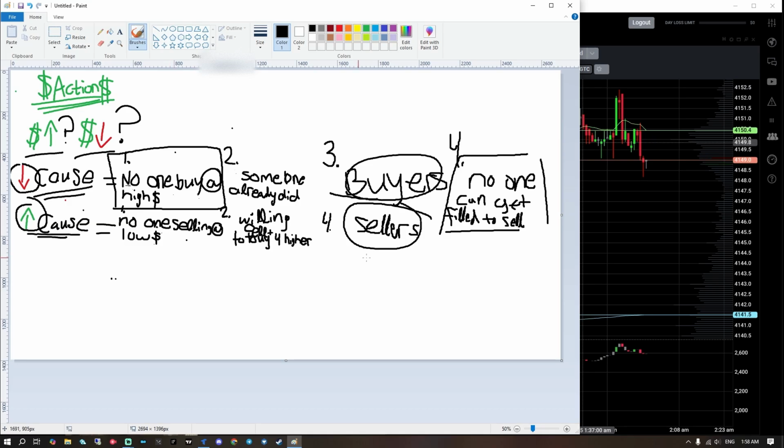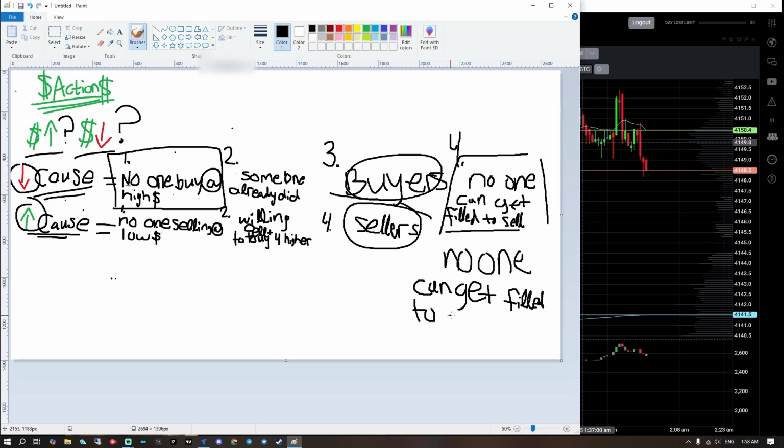No one selling low means no one can get filled to buy at a low price. I don't know why I made a box first. That was stupid. No one can get filled to buy.